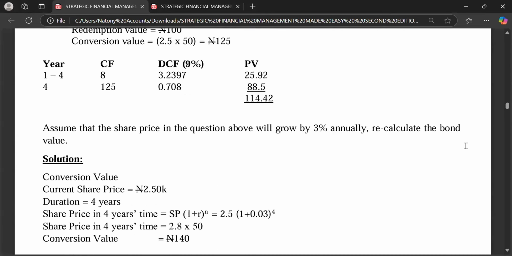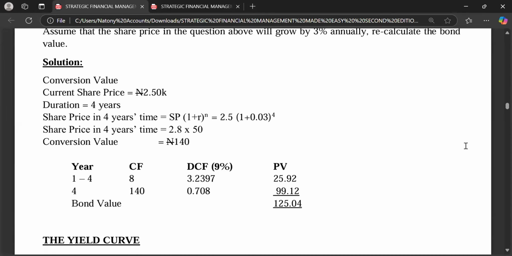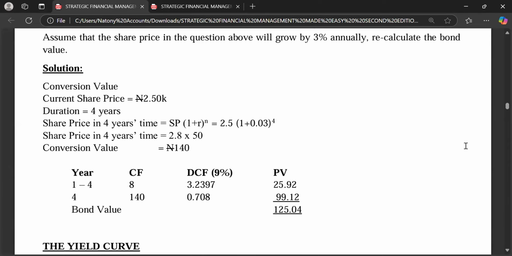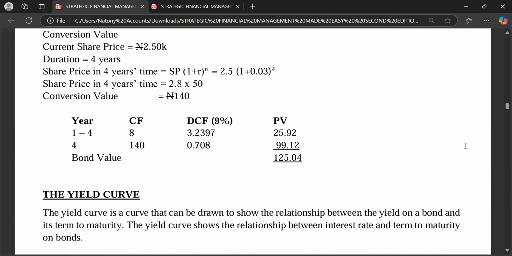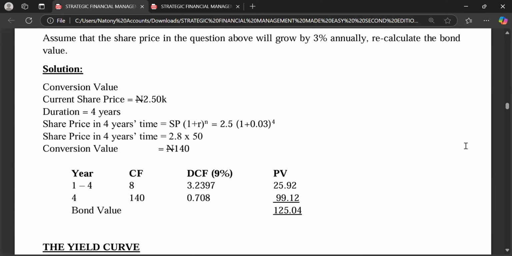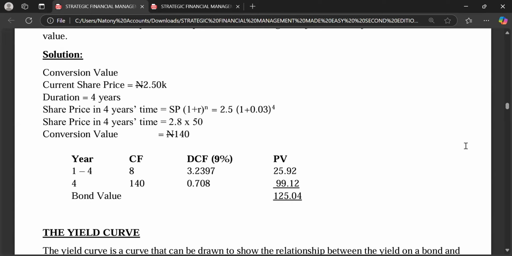So if we move further, this is still calculation of the value of a bond, but a convertible bond. So if a bond is a convertible bond, there are two things that can happen at the end of the loan tenure.